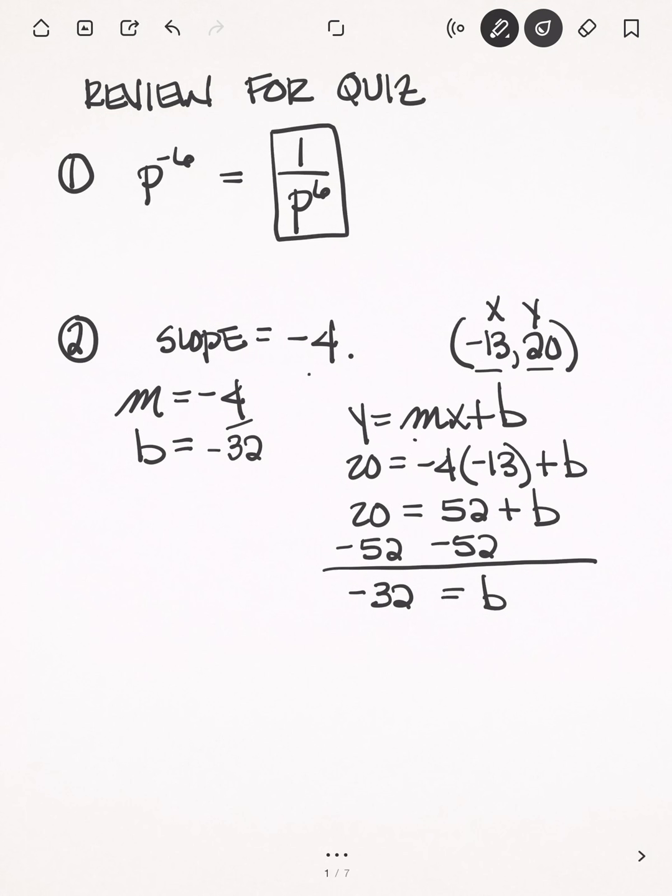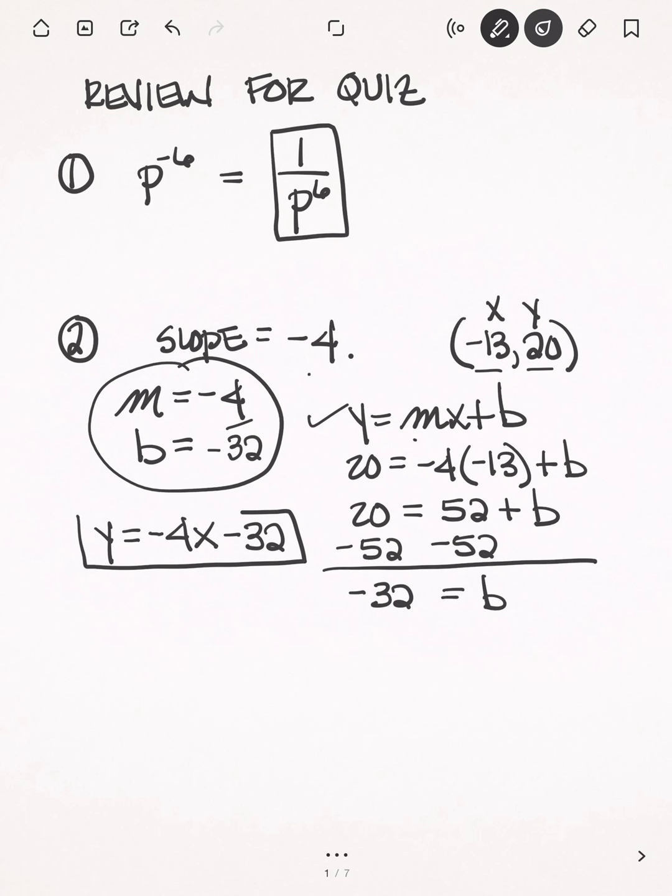I have everything I need right here to write my equation. So I use this rule again, and I say y equals m, which is negative 4, times x, plus b, which in this case is a minus 32. There is the equation of a line that has a slope of negative 4, and it goes through the point negative 13, 20.